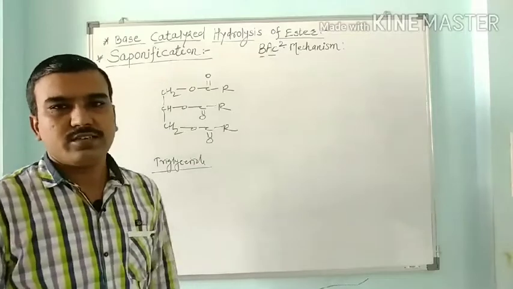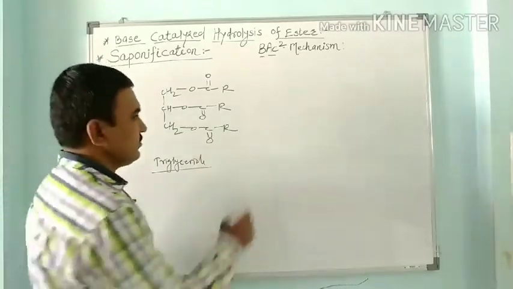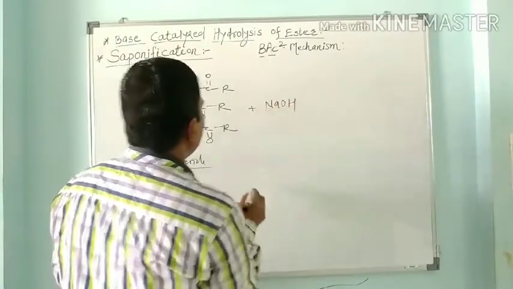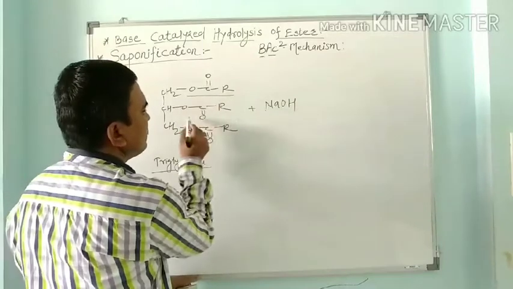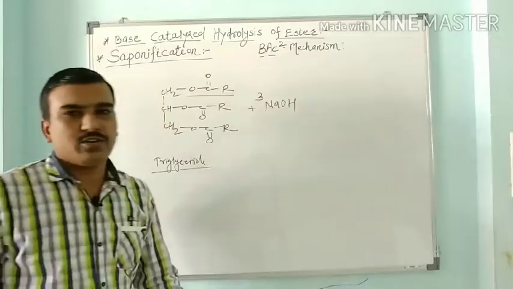When this triglyceride undergoes alkaline hydrolysis in the presence of NaOH, because of the 3 ester groups, it requires 3 moles of sodium hydroxide.